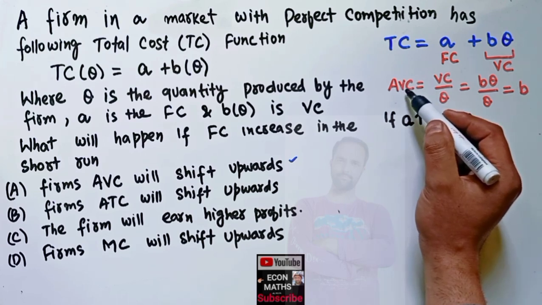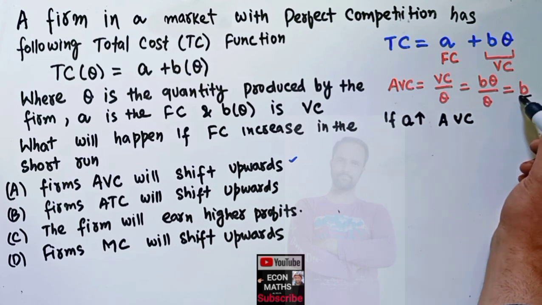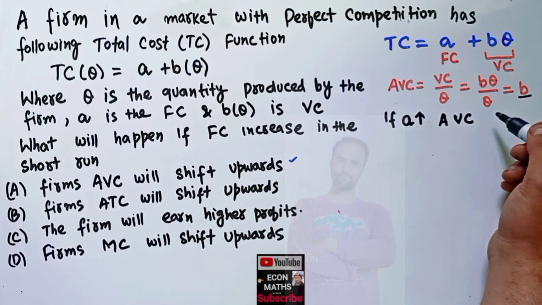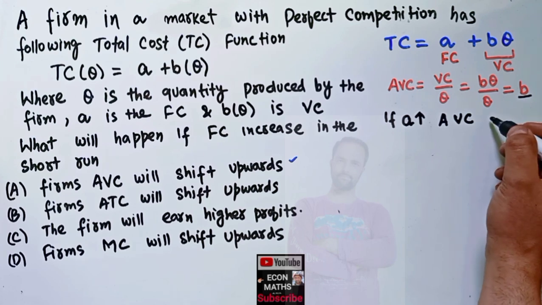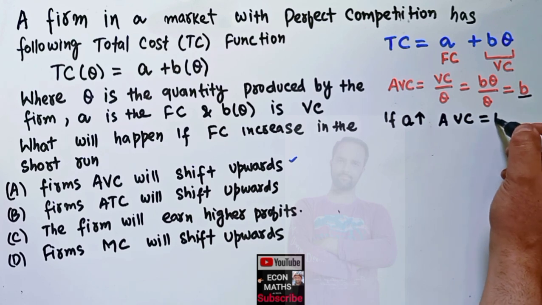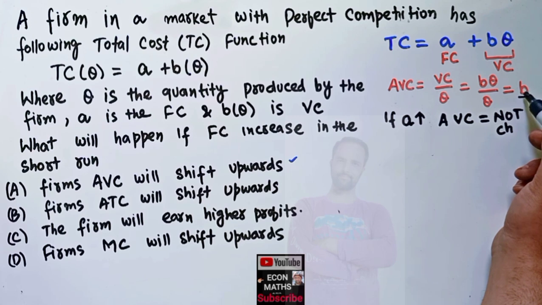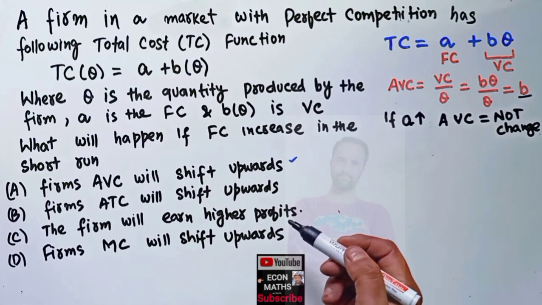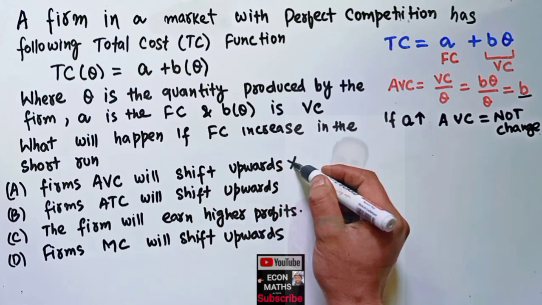Since average variable cost is a function of only B, and no A is involved here, average variable cost will not change. So this cannot be the correct option.